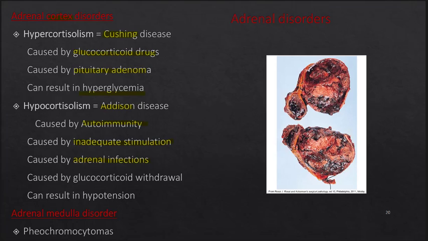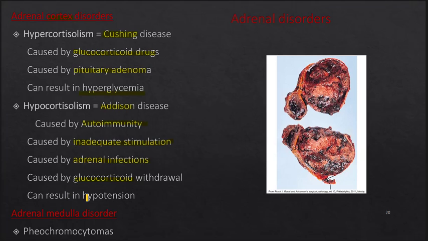Withdrawal of exogenous glucocorticoids. So when we say withdrawal, it's usually abrupt withdrawal, so suddenly stopping glucocorticoid use can lead to hypocortisolism. Oftentimes with Addison's disease, the secretion of aldosterone is affected as well.